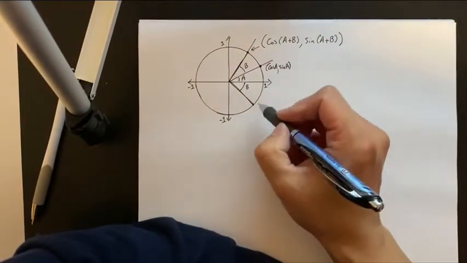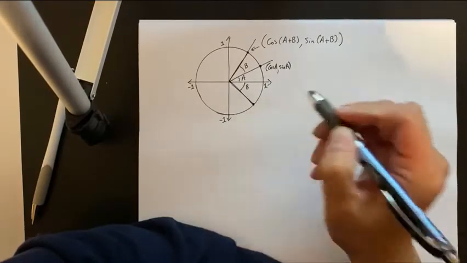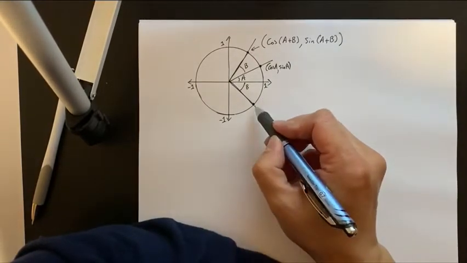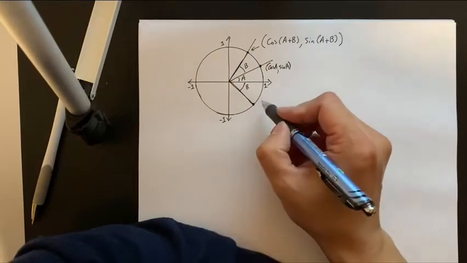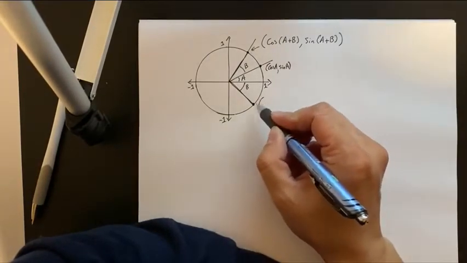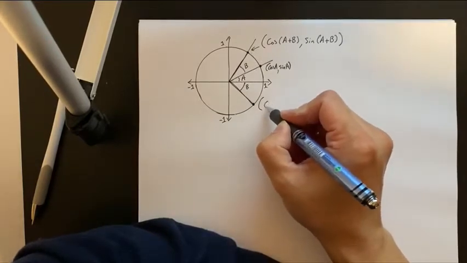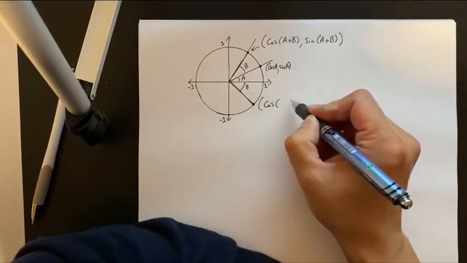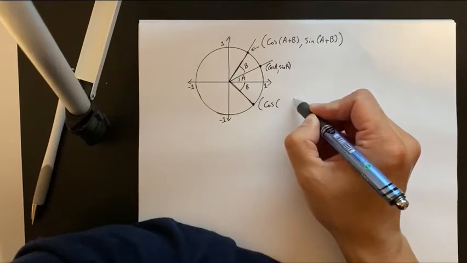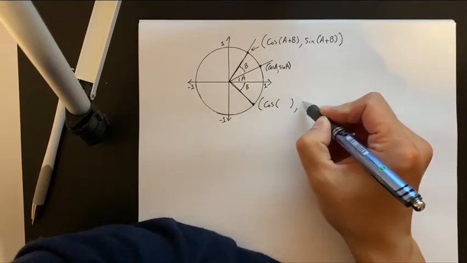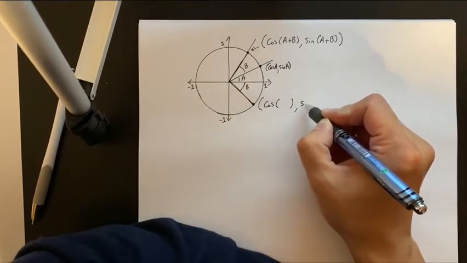Again, my drawing is not to scale. What would be the position for this point? Well, you can still get the position through the cosine and sine functions. So it would be cosine of something, and here it will be sine of something.